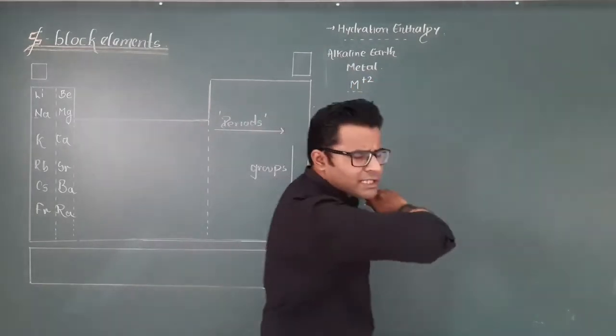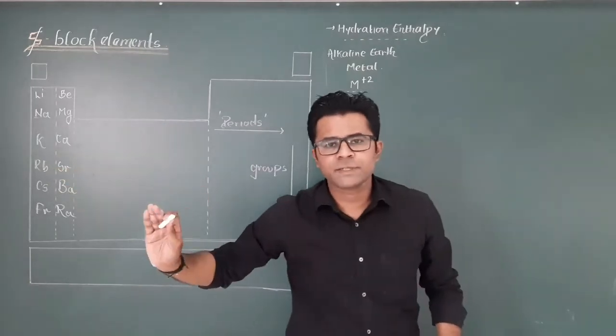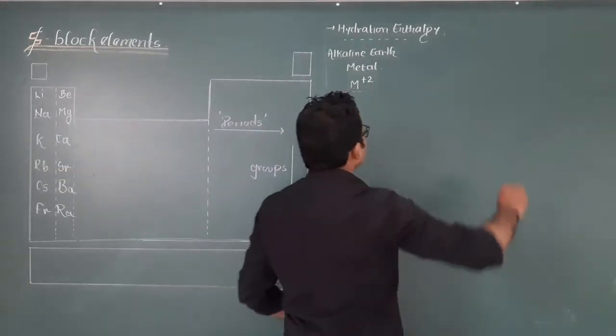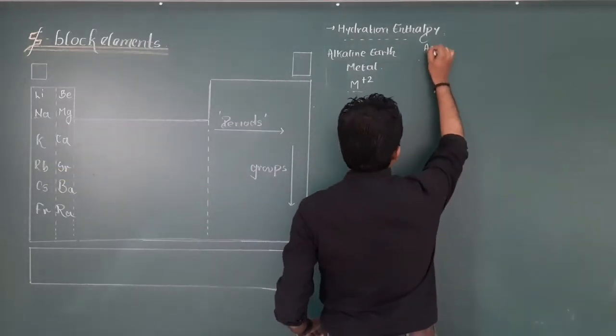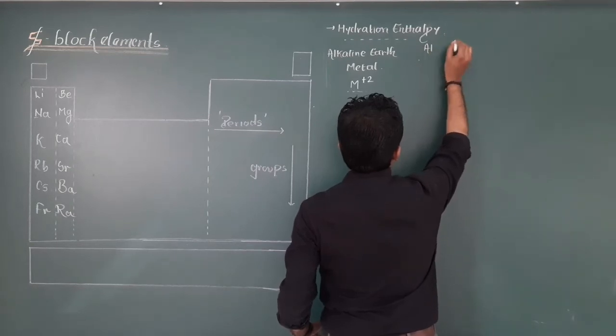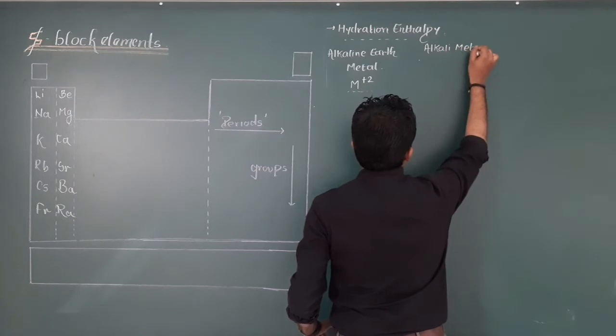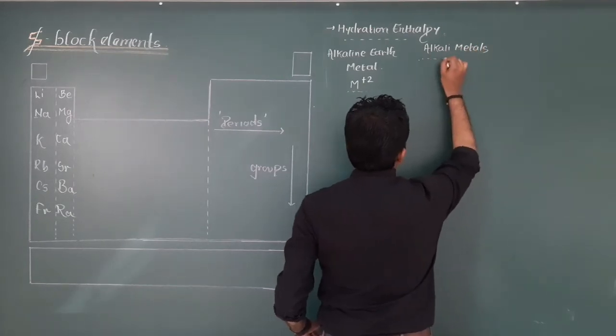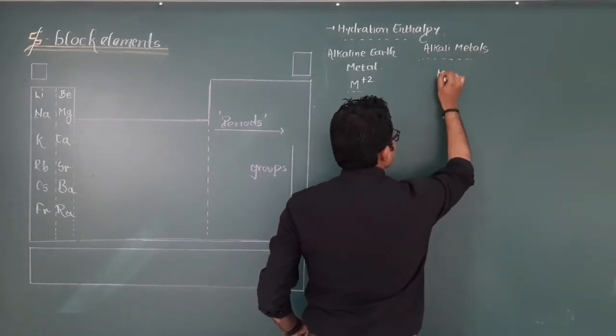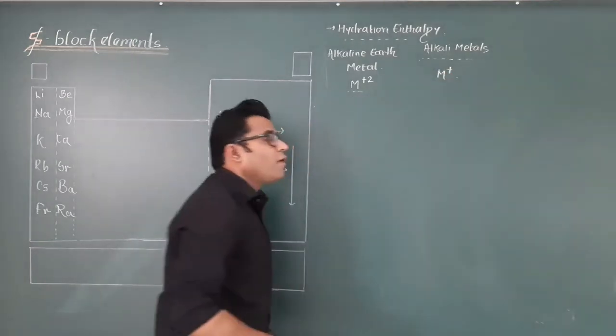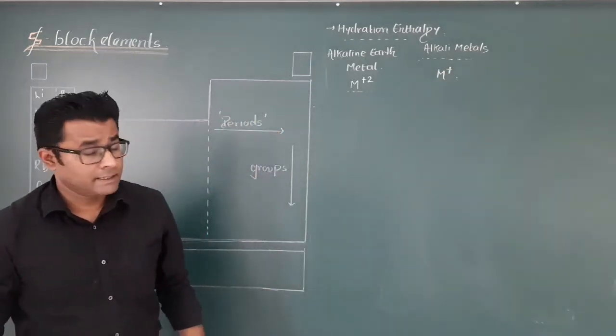Nuclear charge has increased dramatically in this case when we compare to that of the alkali metals, whereas the alkali metals exist in the form of M plus ions.